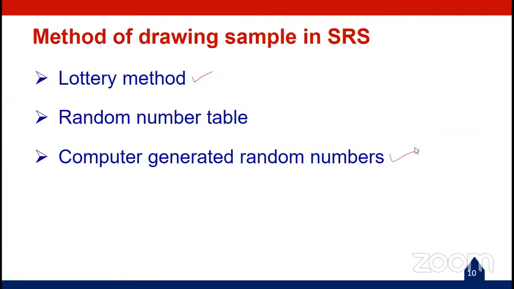We need to remember that simple random sampling gives equal probability for all the sampling units to be included in the sample.